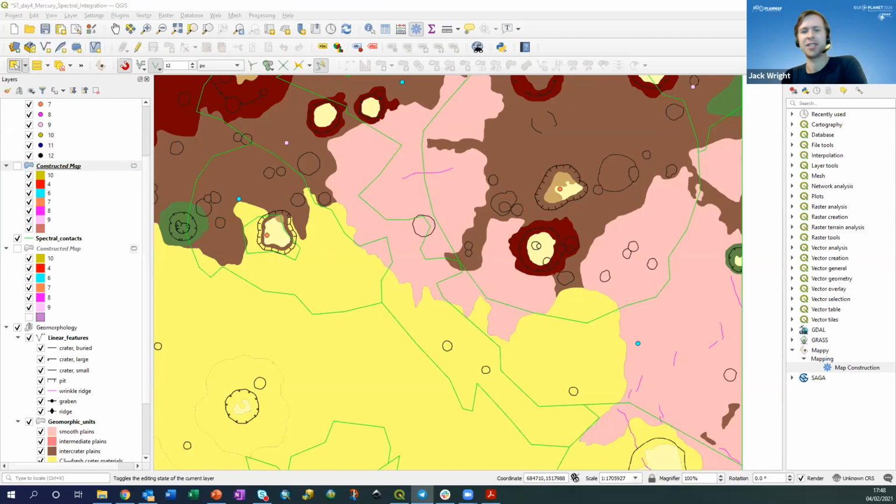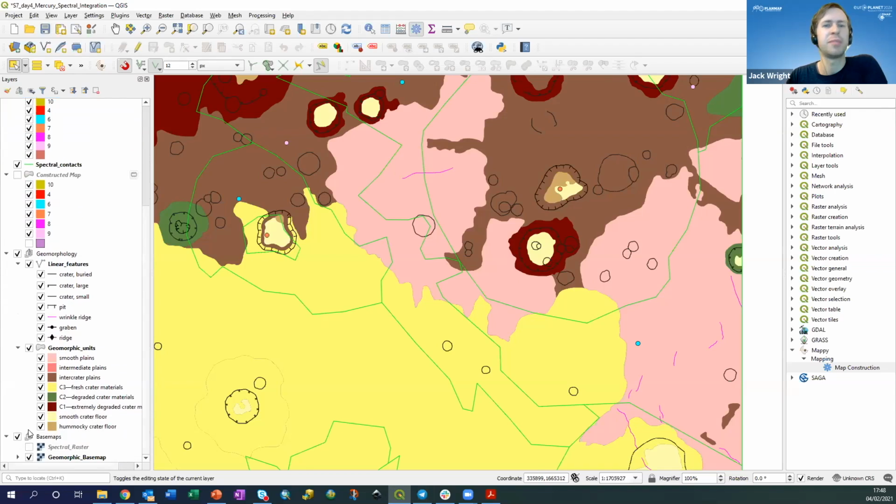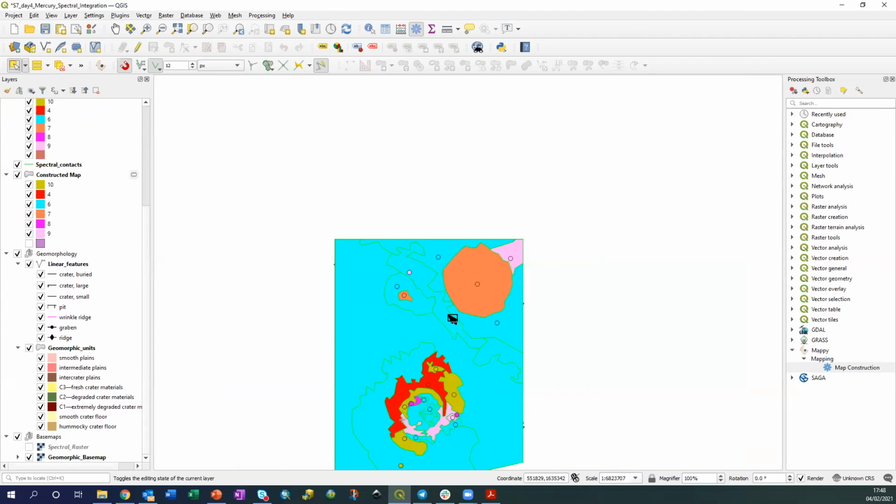Kay, do you have any ideas? Did you have a look at this area? Probably the reason could be the temporal order of the events. The very prominent red unit over here seems to be on top of everything, even on top of all the different geomorphologic units.